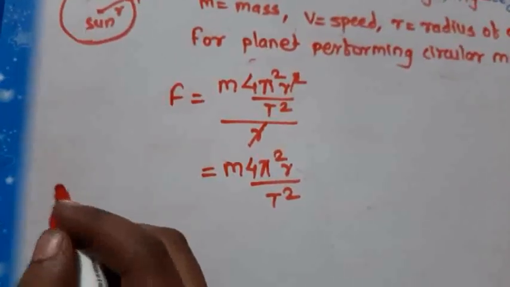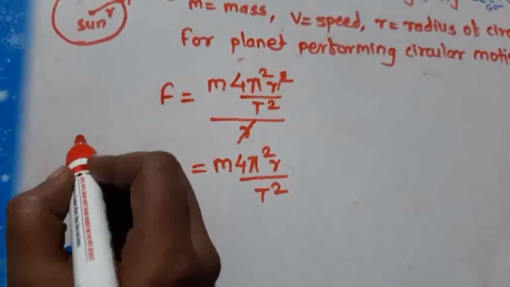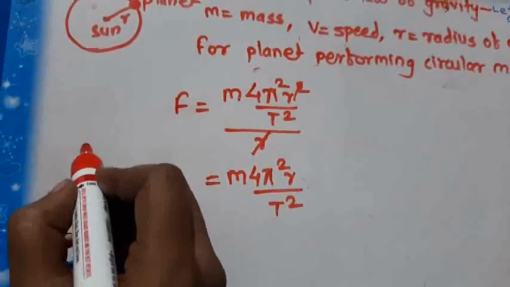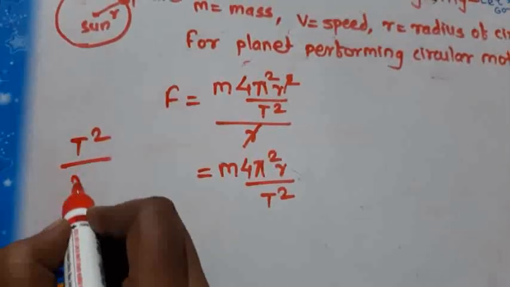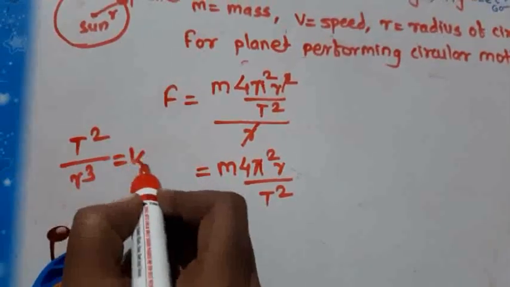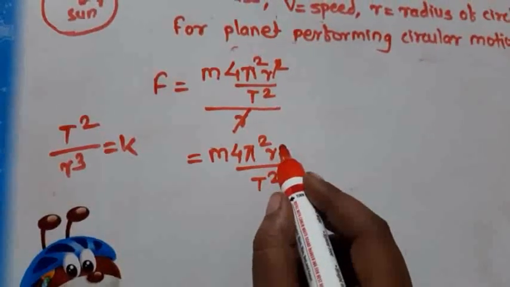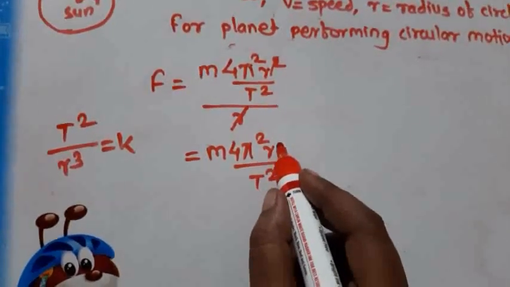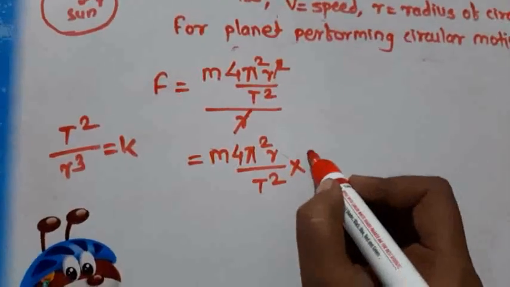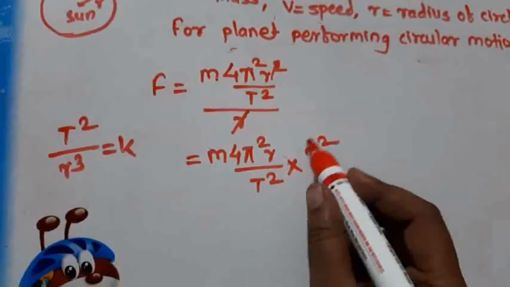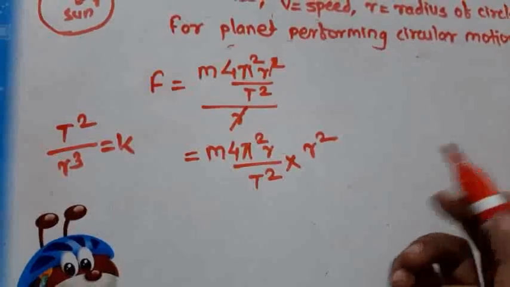Now we know that in Kepler's third law we have seen that T square divided by r cube is equal to constant. But in this formula we just have r. So if we want to get r cube, we have to multiply by r square. So r square and r will be r cube.